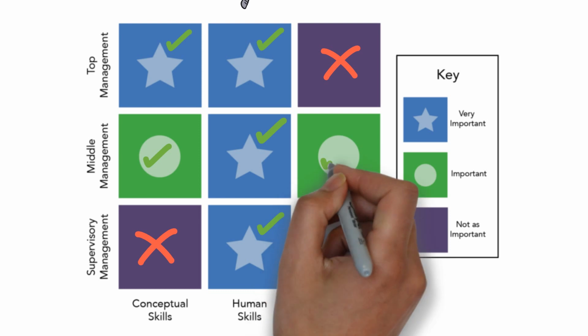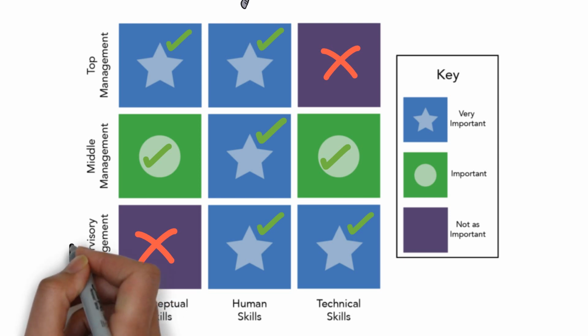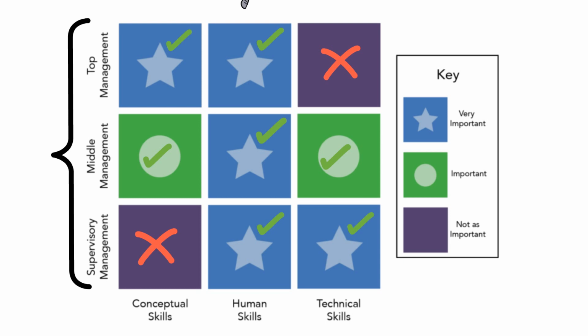Strong technical skills are also required to understand the technical aspects of their department's work and ensure that tasks are completed correctly. In short, different levels of management require different combinations of technical, human, and conceptual skills.